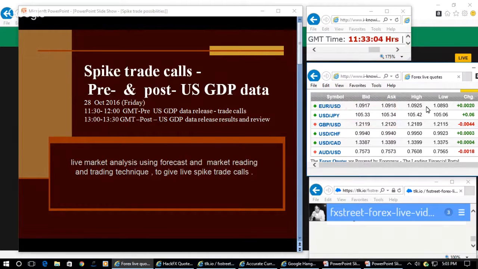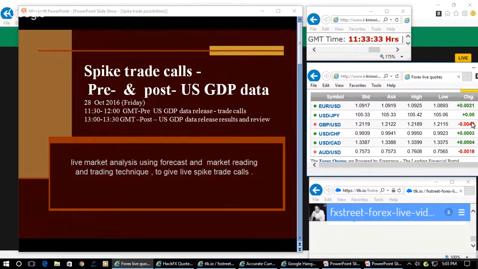Now, if we look into the live market, you find that Euro is showing positive net change, whereas GBP is showing negative net change, a contrarian move. Euro is showing positive net change and USD is also showing positive net change, another contrarian move. Euro is showing positive net change, and the CHF is also showing positive net change, indicating that Euro and CHF are just trying to gain.